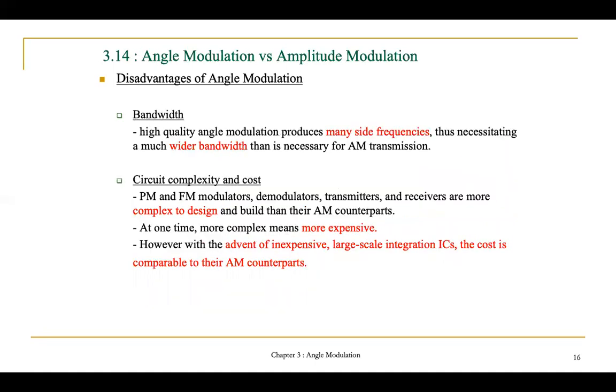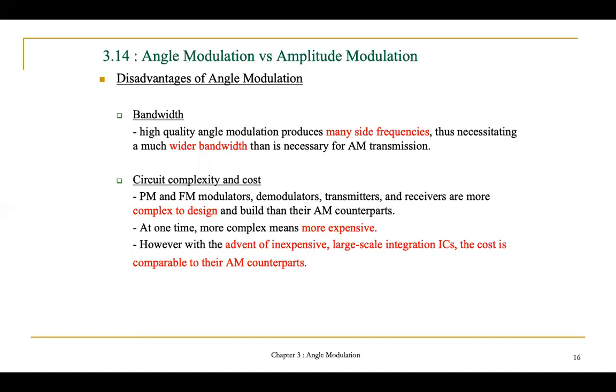However, it still has some disadvantages. The first one is in terms of bandwidth. For angle modulation, there are many side frequencies depending on the modulation index. Since it has many side frequencies, it necessitates a much wider bandwidth compared to amplitude modulation.